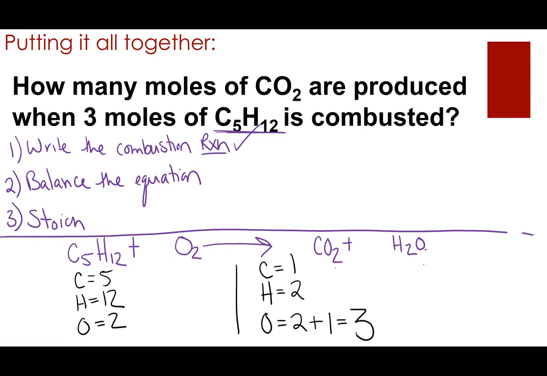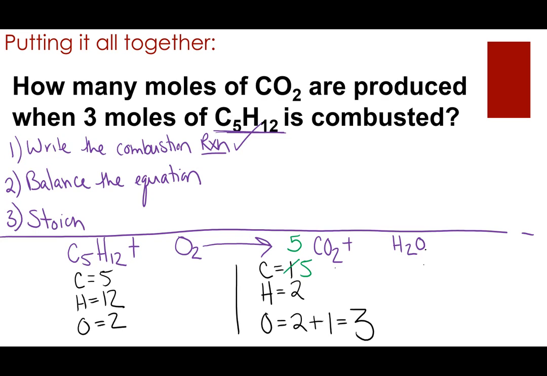Nothing's balanced. The place that I always kind of like to start is with the carbons. That's just where my eye always gets drawn to. So we've got 5 carbons on the reactant side, 1 carbon on the product side. So I'm going to predict that, well, I bet 5 of these molecules are going to be made. I bet that's how it's going to go. Okay. So if I put a coefficient, let me change colors again here so you guys can see this. So if I put a coefficient of 5 in front of carbon dioxide, that's going to give us 5 carbons.